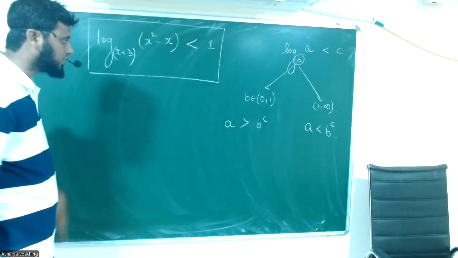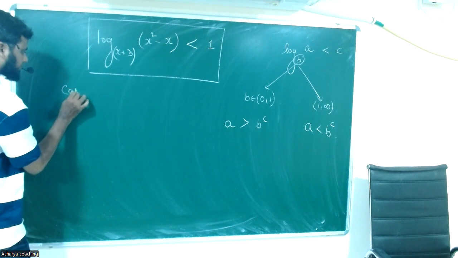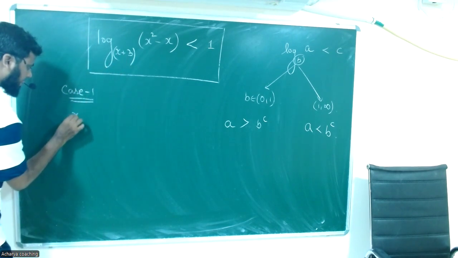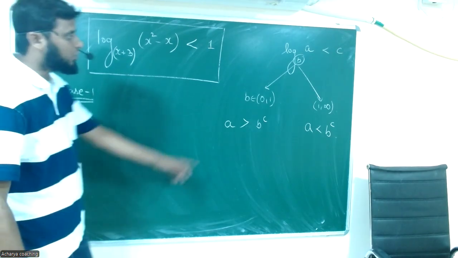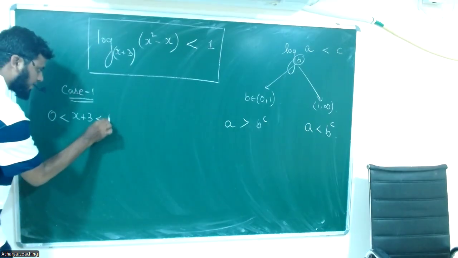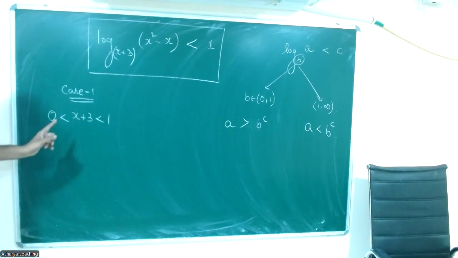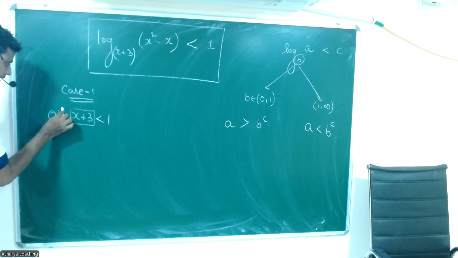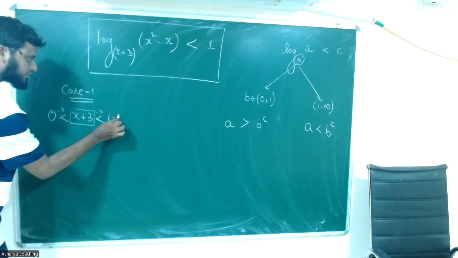So what we have to do in this case, case 1. What is case 1? X plus 3 is there, right? I'm taking it in between 0 to 1. Clear or not? X plus 3 is in between 0 to 1, which means I can just subtract 3 throughout this.